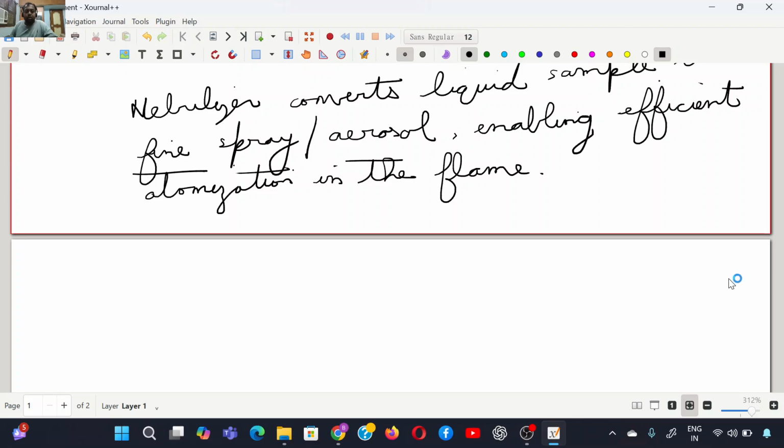So around 20% of the liquid becomes the spray suitable for atomization. The rest form larger droplets discarded as waste. Okay, so because of this limited efficiency, it necessitates a waste collection. The flow rate is typically 2 to 5 ml per minute. If too much liquid enters, the flame can be extinguished. So precise control is necessary to ensure flame stability.